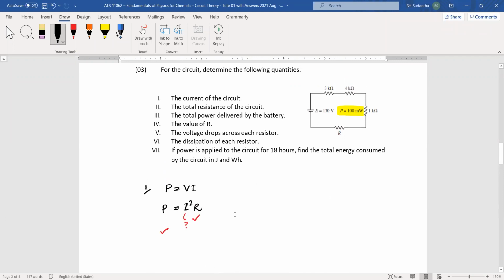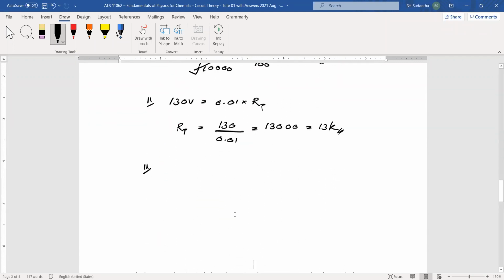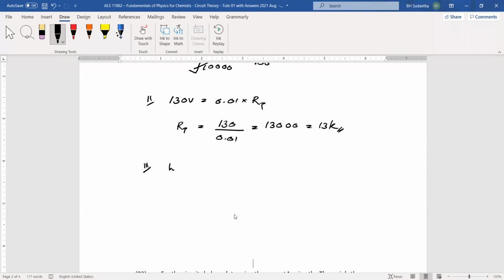Third one, the total power delivered by the battery. W equals VI.